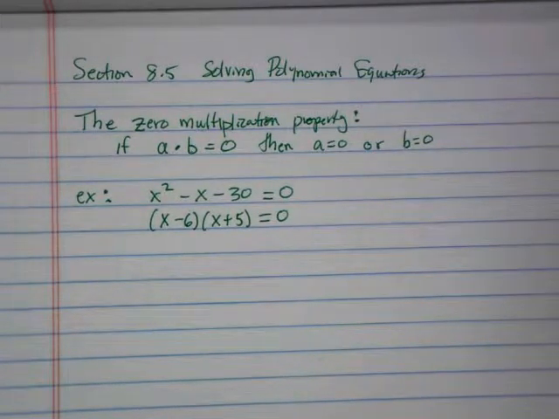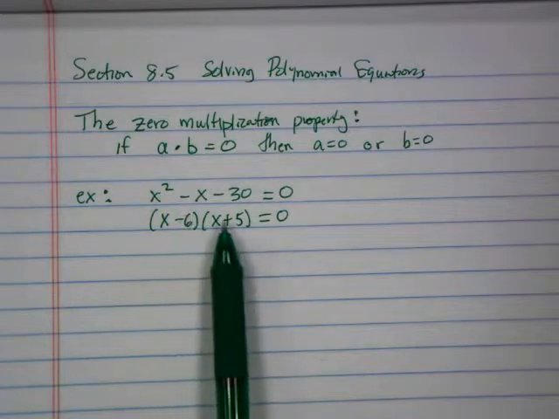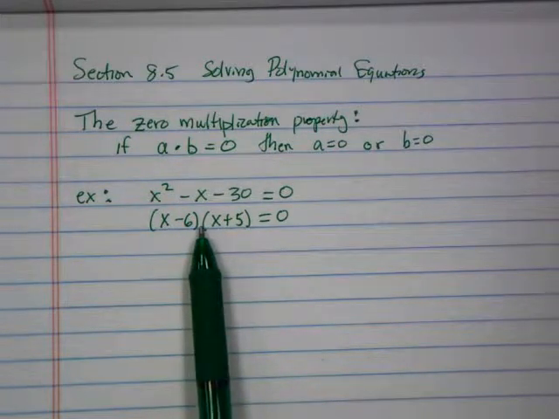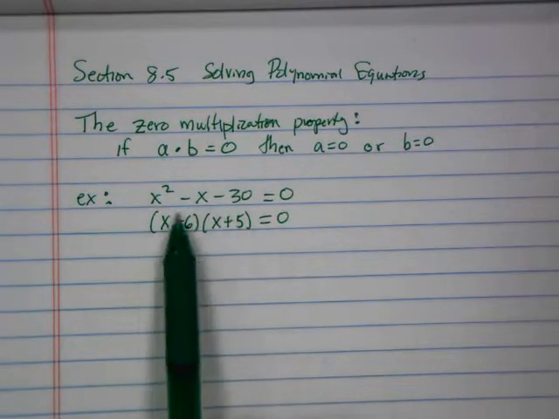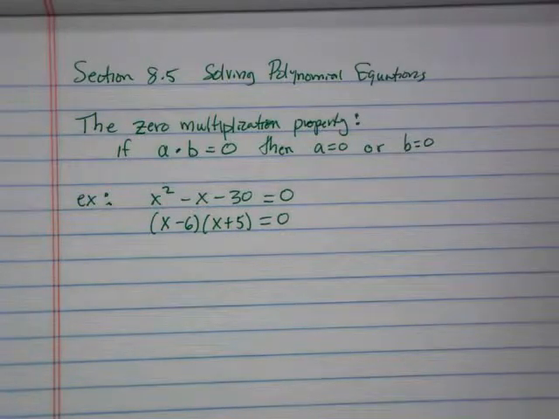Now, notice what I have. I have two things being multiplied together, and I'm getting an answer of 0. What has to happen if two things are multiplied together and the answer is 0? Either one.